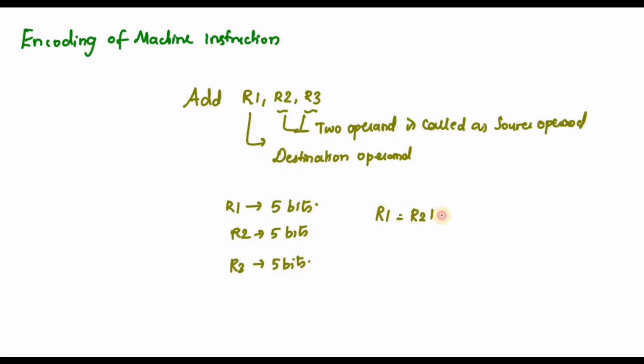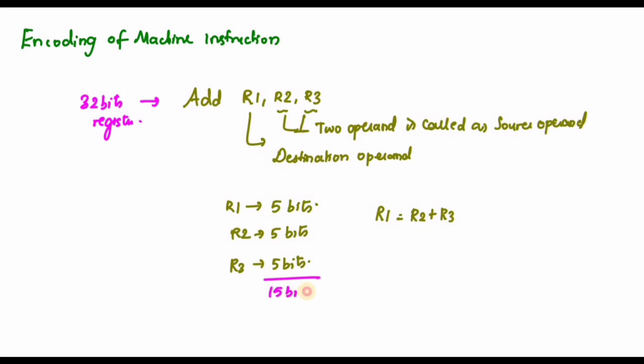Okay, and what is the operation it is going to perform? It is going to perform R1 is equal to R2 plus R3. Since this is a destination, these two are the source operands. Since this instruction is 32-bit, it is going to be stored in a 32-bit register.